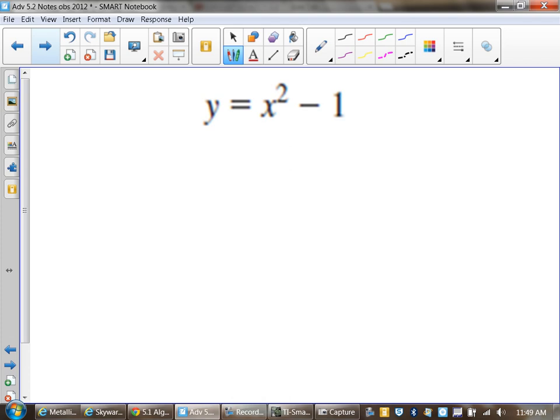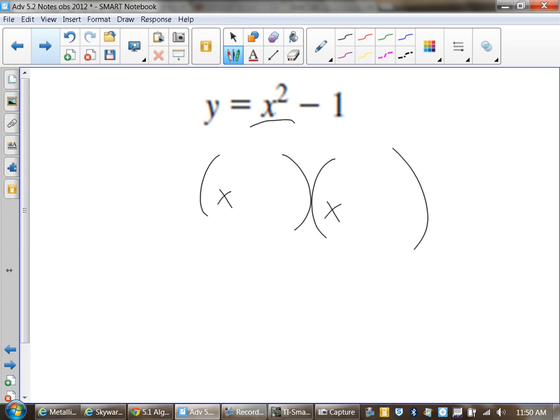This is a special pattern. This is called a difference of squares. Here's what happens. Is the first term, x squared, a perfect square? Yes. Is 1 a perfect square? Yes. Is that a subtraction symbol? Yes. If you can answer yes to all three things, then when you factor this, what's the square root of x squared?